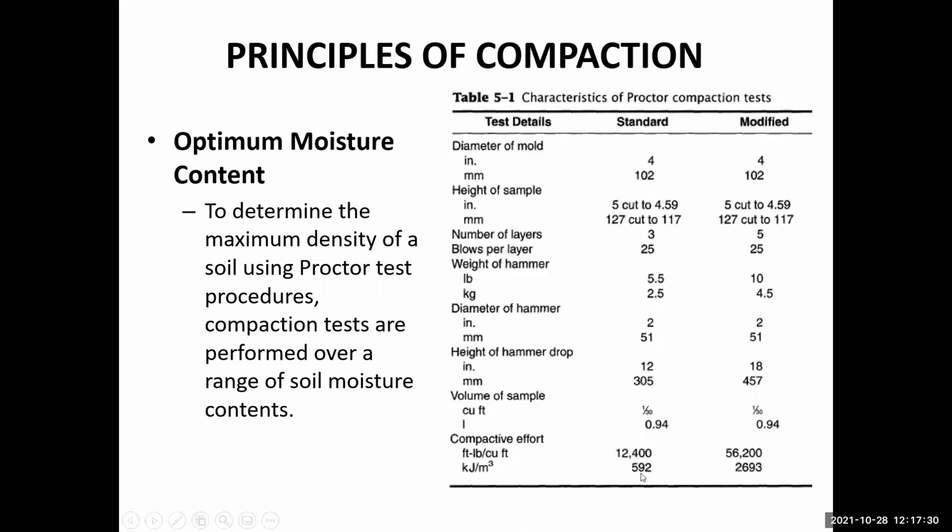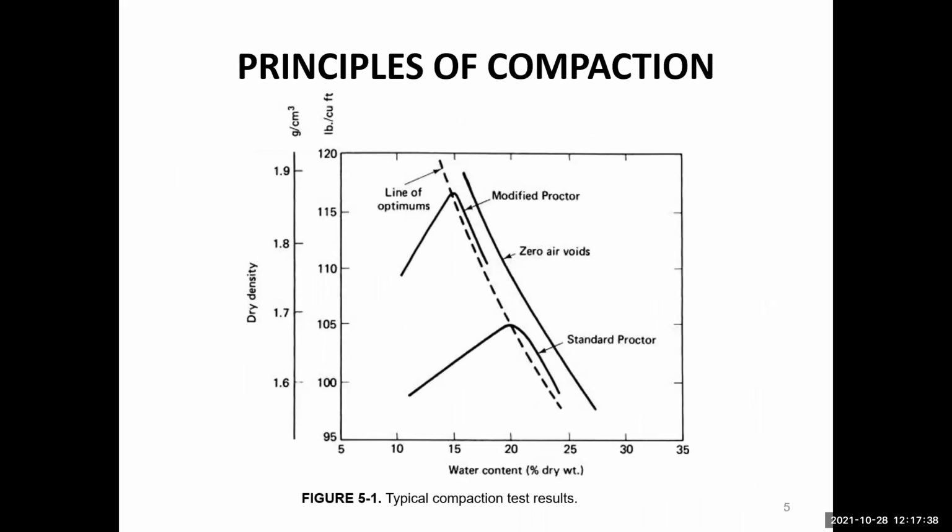It is almost 4 times the standard test. So one of these tests can be used, and when we repeat these tests for different moisture contents, we get these kinds of curves.